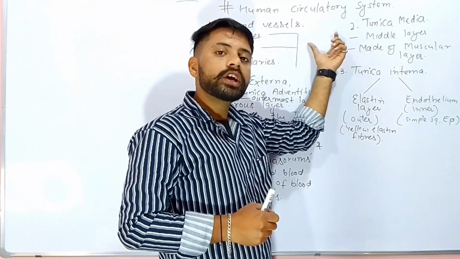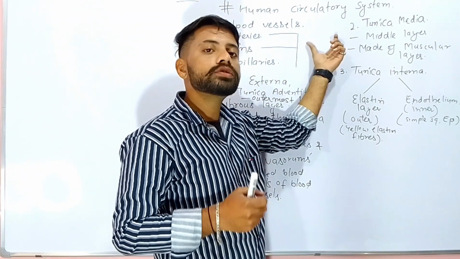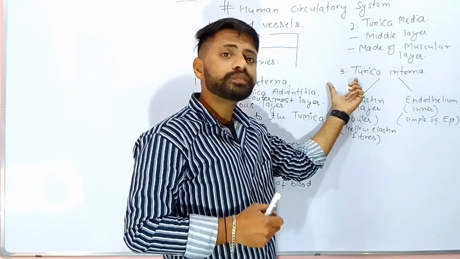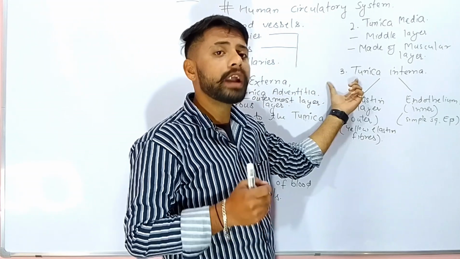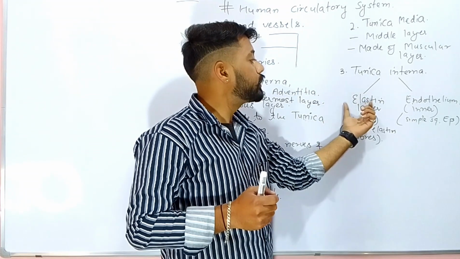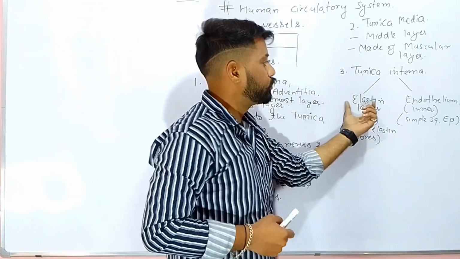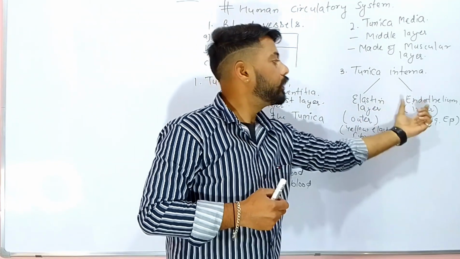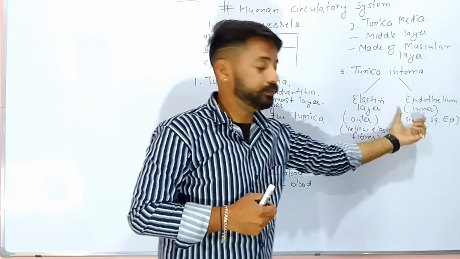The second layer is the tunica media, made up of smooth muscle fibers, the middle layer. The third layer is the tunica interna, divided into two layers: the outer elastin layer made of yellow elastin fibers, and inner to it the endothelium.